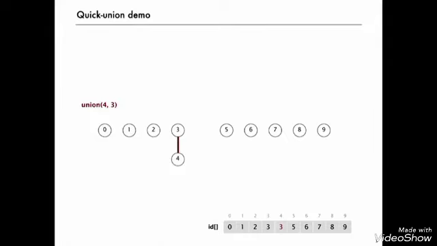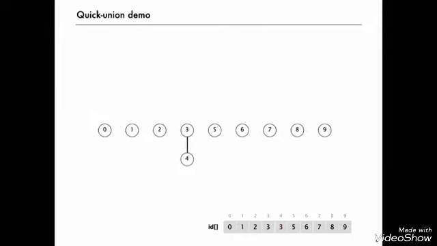In this case, we just make 4 a child of 3. So now 3 and 8. Again, we take the first item and make it a child of the root of the tree containing the second item. So now 3, 4, and 8 are in the same component.